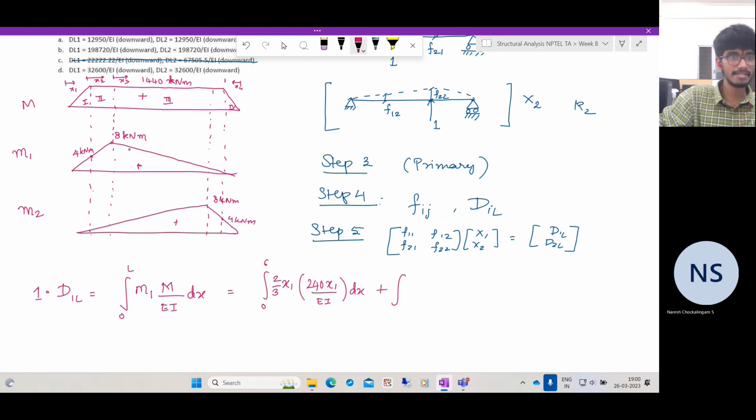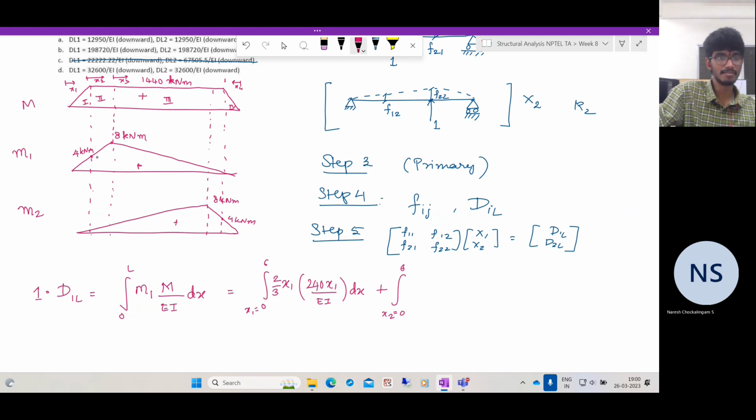Now consider region 2. So I have an origin here. So this is x1 going from 0 to 6. So here it is x2 going from 0 to 6 again. The total distance from the left is 12 meters. We have already covered up to 6. So x2 goes from 0 to 6.